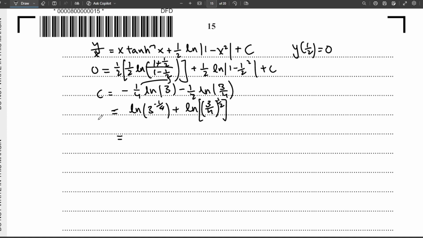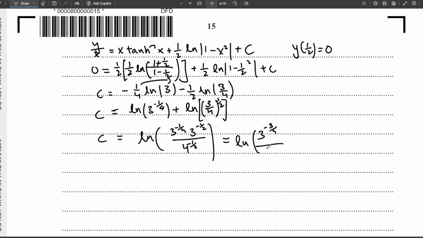We can simplify this further. You can multiply whatever is inside the natural log: 3 to the power negative 1 over 4 and 3 to the power negative 1 over 2, 4 to the power negative 1 over 2. These two you add together, right? So ln 3 to the power negative 1 over 4 plus negative 0.5, so negative 3 over 4.